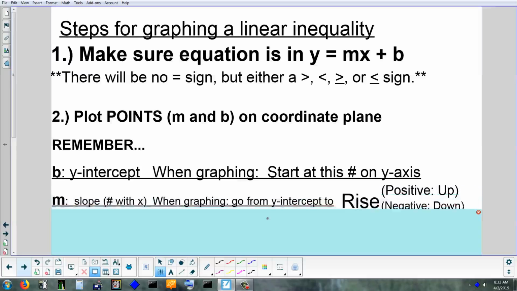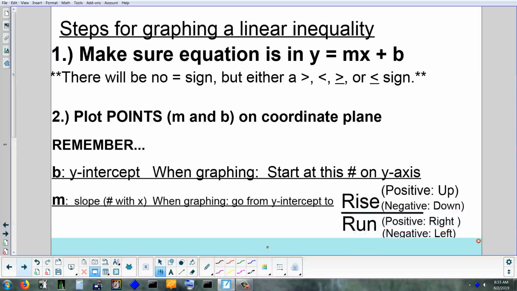M, right, like Nicole just told me a little while ago, M is going to be your slope. Remember, the slope is always going to be the number with x attached. It's kind of like a little reminder to say, hey, right next to me, that's the slope. When you're graphing, graph your y-intercept first, then go to your rise.